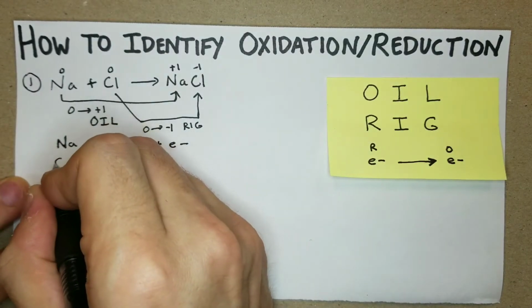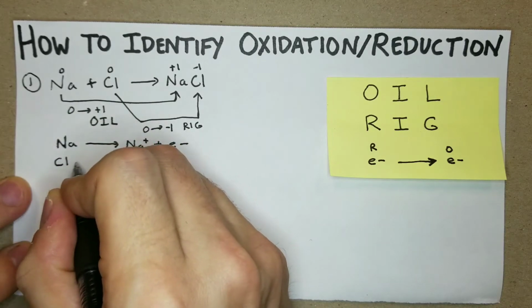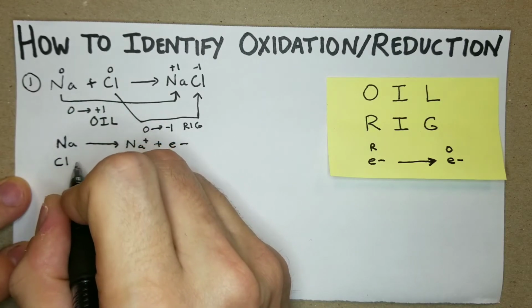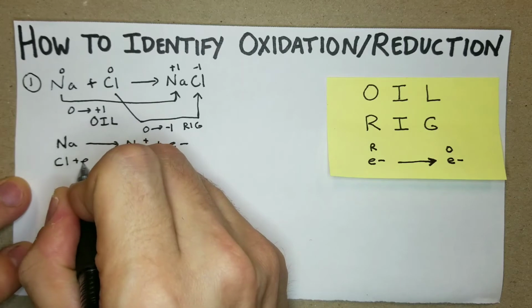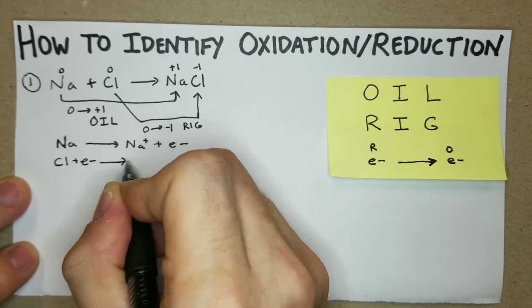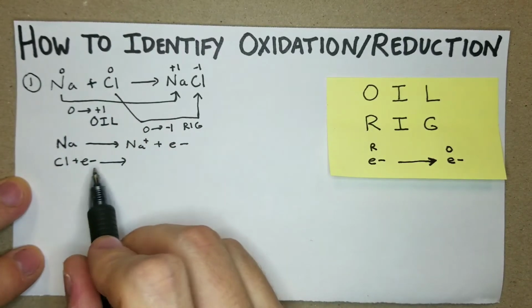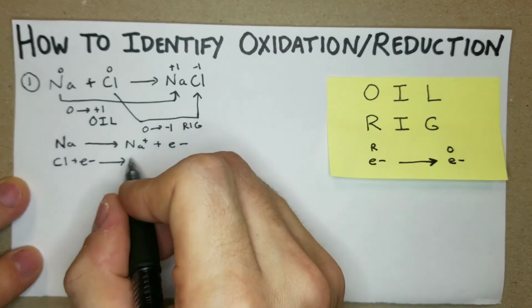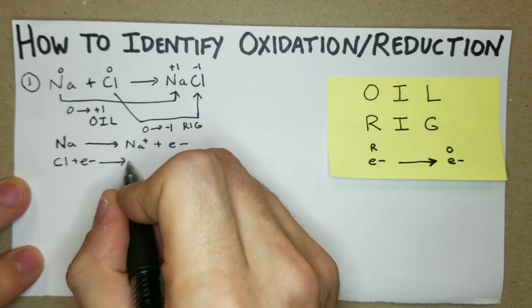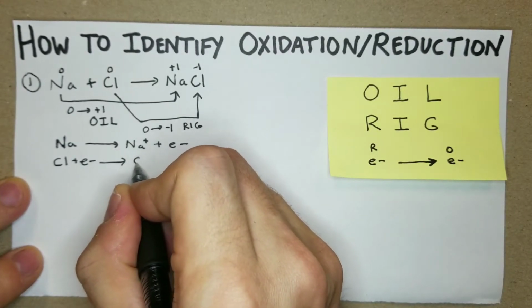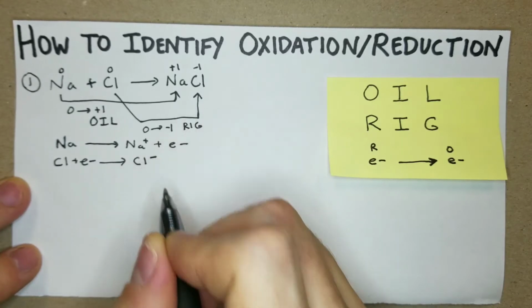And chlorine is neutral, but we need to indicate on one side where the electron is. The electron is gained, so we're going to put it on the left. And we're going to end up here with the Cl-.